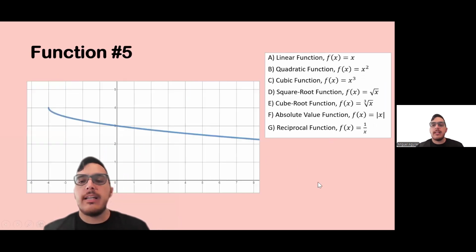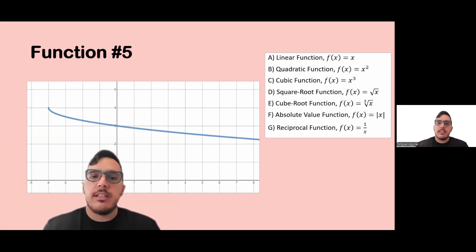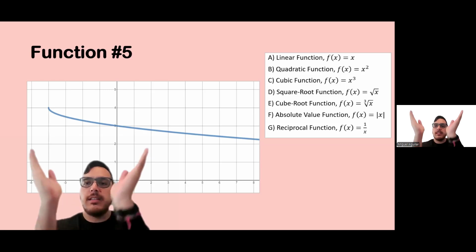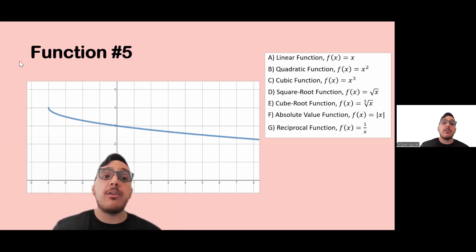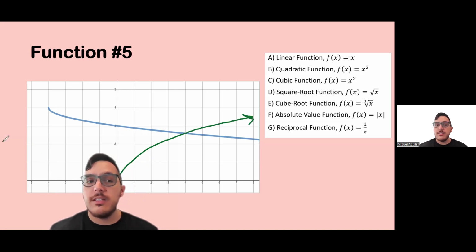Okay. And we'll leave it at this one. This is the last one, function number 5. Now, this kind of doesn't look like a linear function because it has a curve to it. It's not a perfect U shape. Remember, the U shape would be a quadratic function. The cubic is squiggling up. The square root is an arch shape. And we're used to seeing that kind of right side up, where we have something starting in the origin and then going out to the right like that, like an arch.